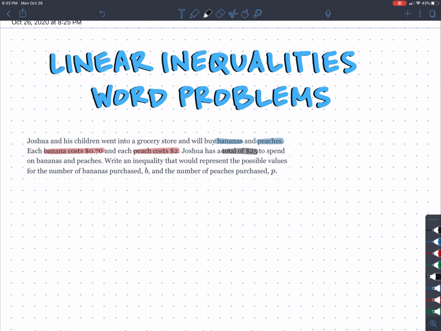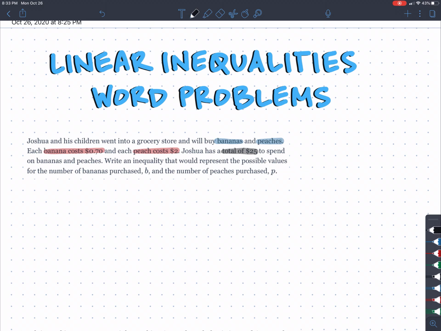So basically what we're saying is we want to just write an inequality that tells us what are the possible numbers of bananas we could purchase and peaches with that stipulation that we have $25 and bananas and peaches have a specific cost.